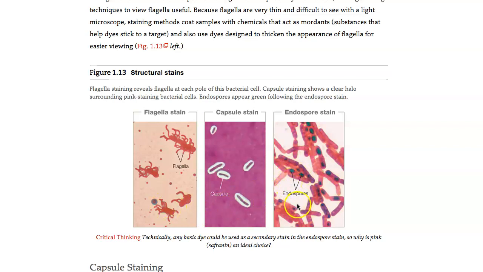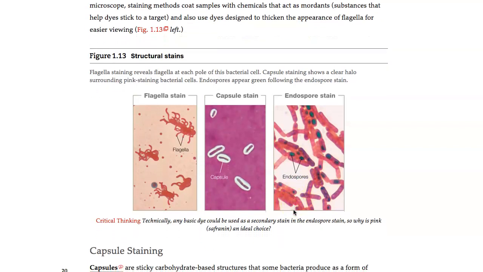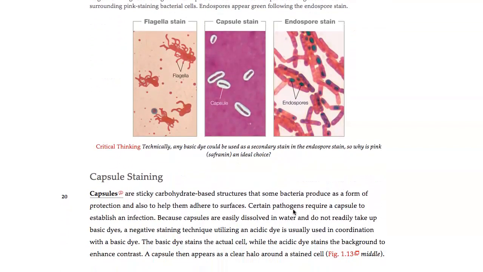So you can see that you can do quite a bit of structural assessment by using the various types of structural stains.